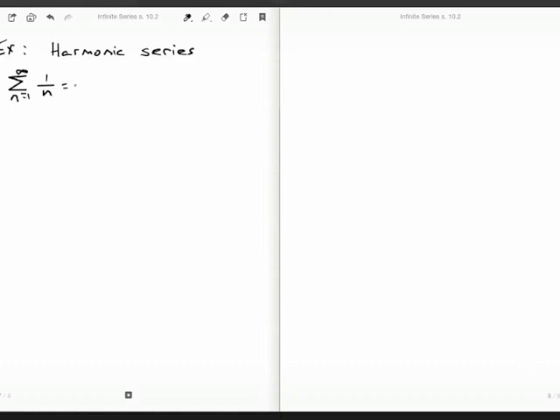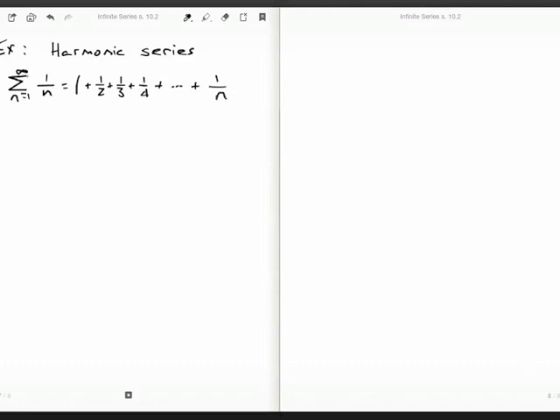Easy enough. So that becomes 1 plus 1/2 plus 1/3 plus 1/4. So a sub n is going to 0. There's no doubt about that. Plus dot dot dot plus 1 over n, which is going all the way to infinity.